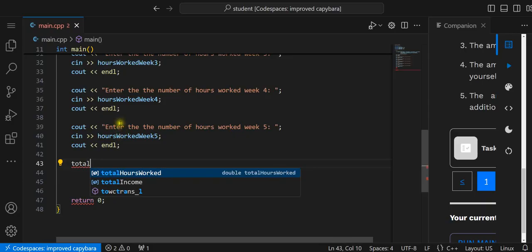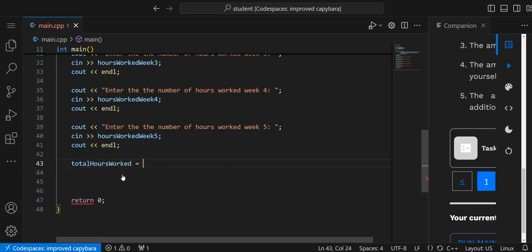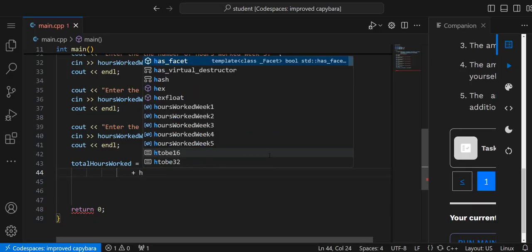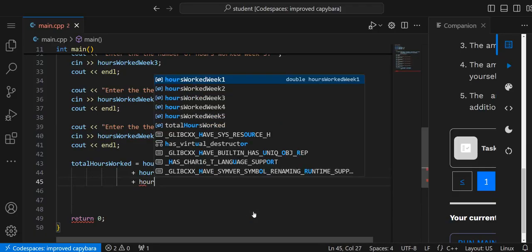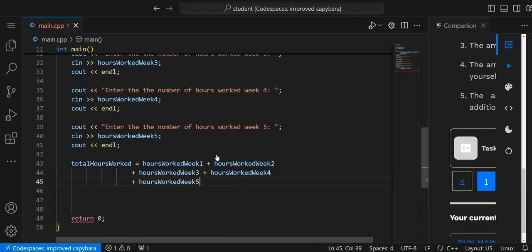Total hours worked equals hours worked week 1 plus, you can't do it any other way because it might differ, week 2, let's go like this, and plus hours worked week 3 plus hours worked week 4 plus hours worked week 5. So let us semicolon that.